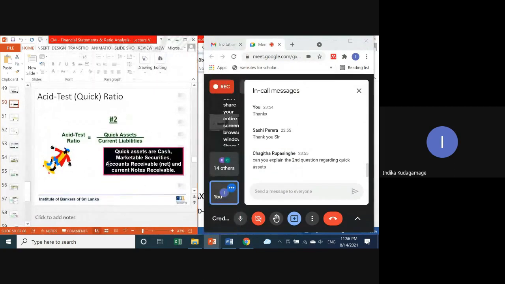Can you see this? Right? These are the quick assets. Quick assets are cash, marketable securities, accounts receivable, and current notes receivable. Right? That's the money given out which we can collect fast. These are the quick assets. Is it clear? Right.